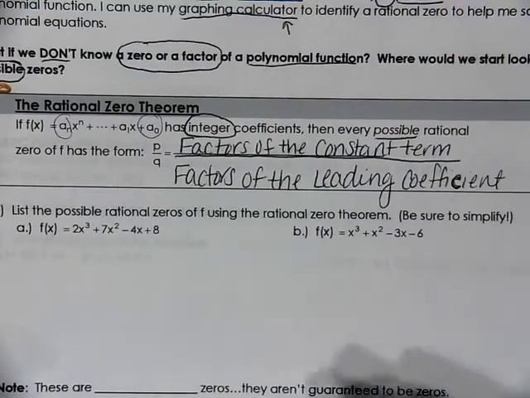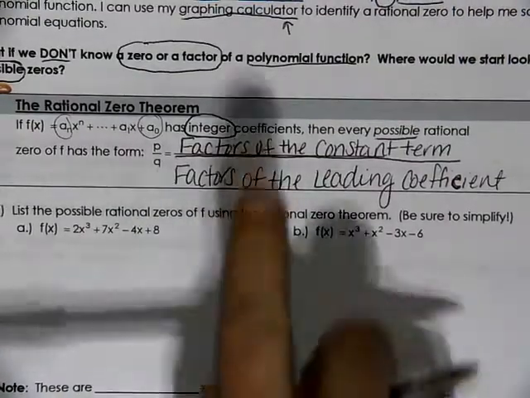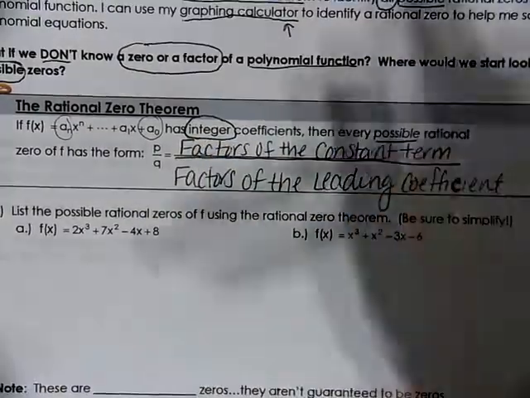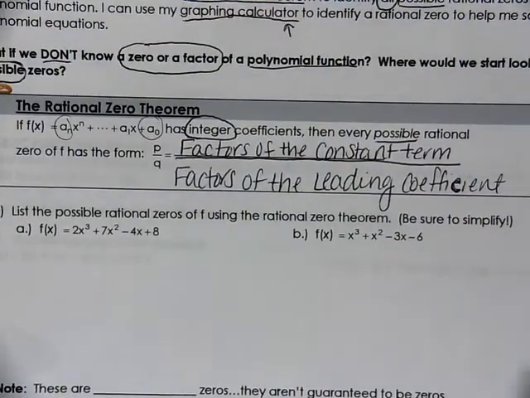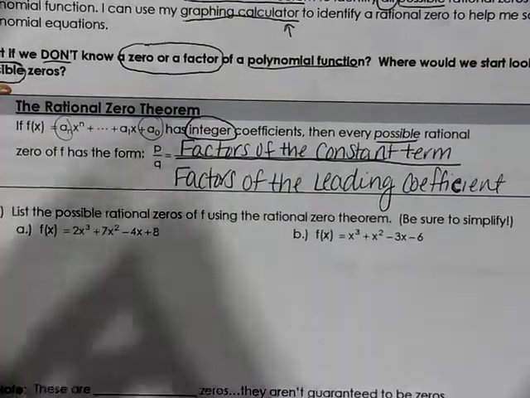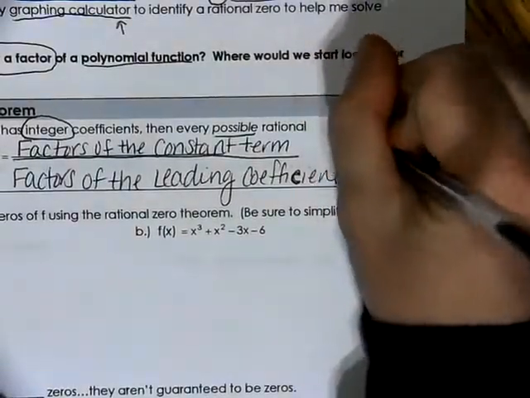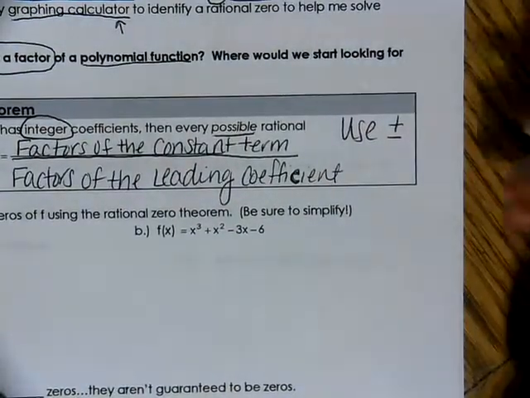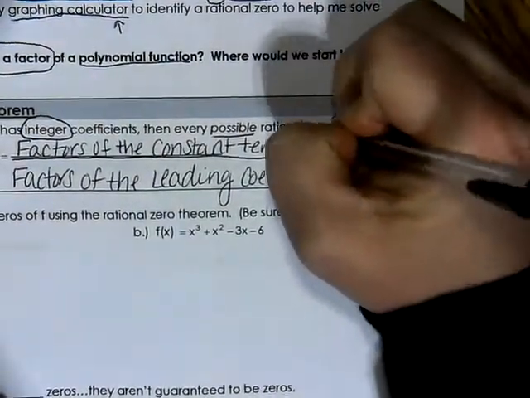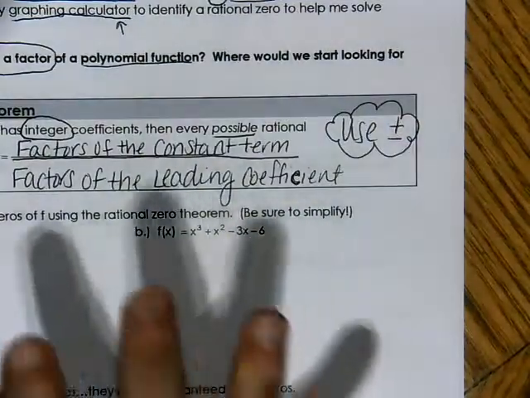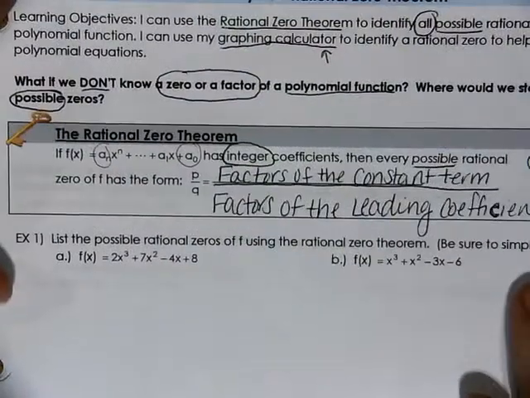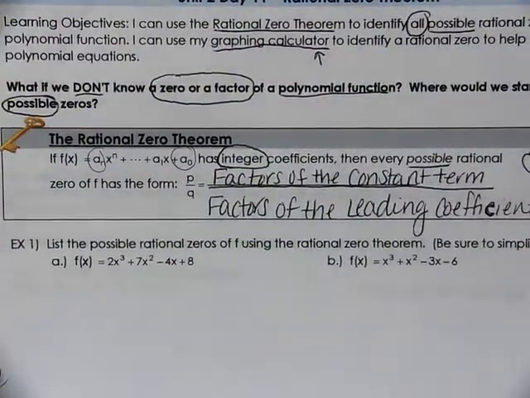So what you do with the rational zero theorem is list all of the numbers that are factors of that constant term, starting with the number 1 and going on until you have all of the factors listed. And when you list them, you're going to use a plus or minus. All of this is just a list of values that could be a rational zero.